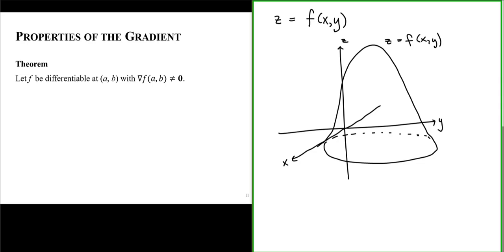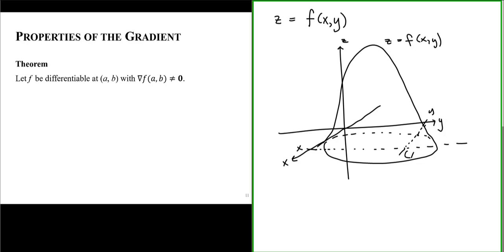So where we are on this hill is given based off of our coordinates in the x, y plane. So for example, if we're at the point x, y, so we will say, let's take an x value of being right here. Let's take a y value of being right here.